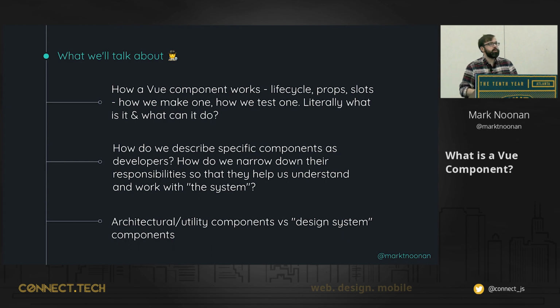So this talk is an exploration of where I am now, several years later, in relation to those things, and also a little bit about how we describe components ourselves, because the word component is so generic. Finally, we'll talk about components in the sense of what designers make, little things that mean something in terms of the user interface, versus the architectural or utility components that we make that are necessary but separate from those ideas.